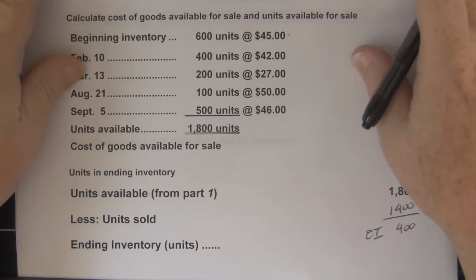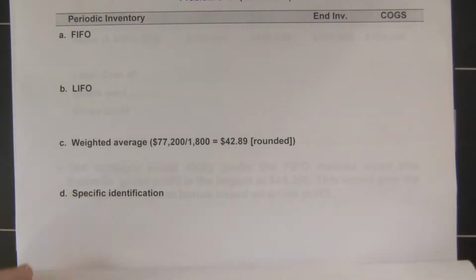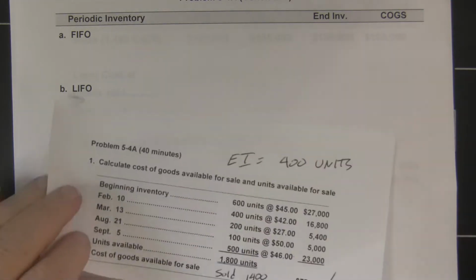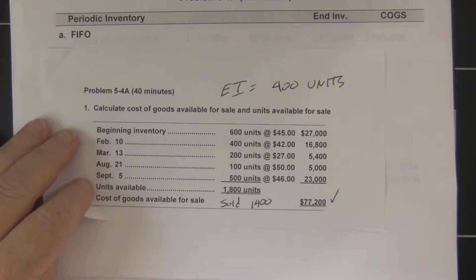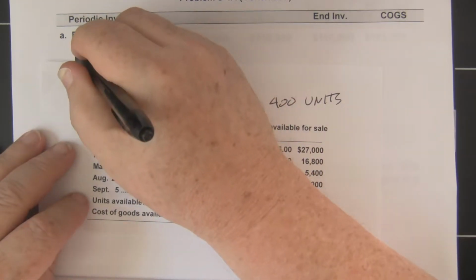Let's write this down, because if not, you know that I'm going to forget it and screw it up and get you all bollywoxed, and I don't want to do that if I possibly can. So under our cost of goods sold under FIFO, we have all 600 at $45.